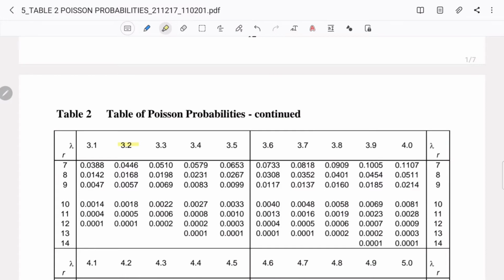And find the probability 0.0446, which is here. So we can write that probability for x greater than or equal to 7 is 0.0446.